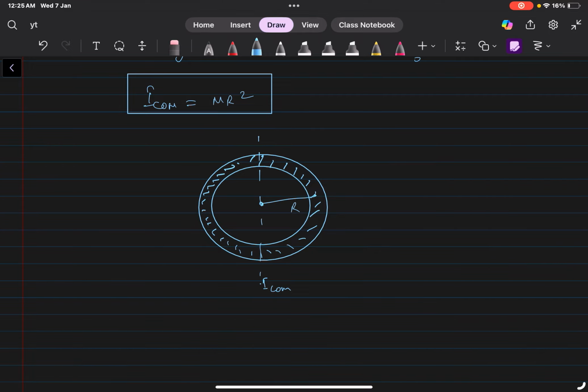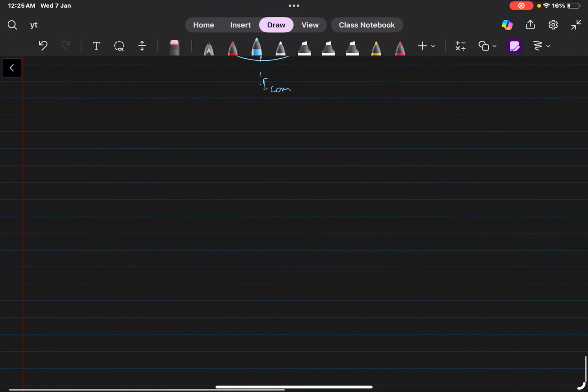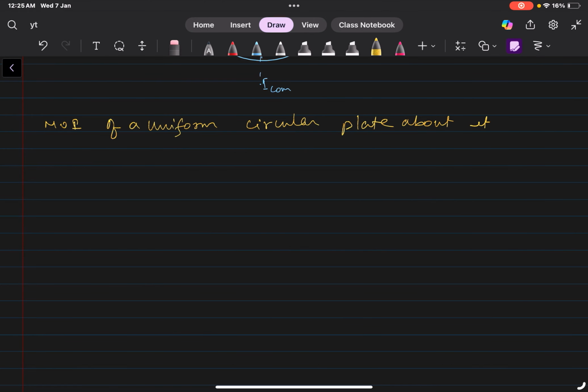Okay. Now next is the moment of inertia of a uniform circular plate about its axis.